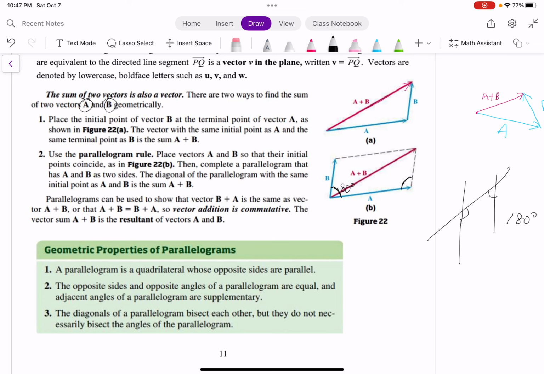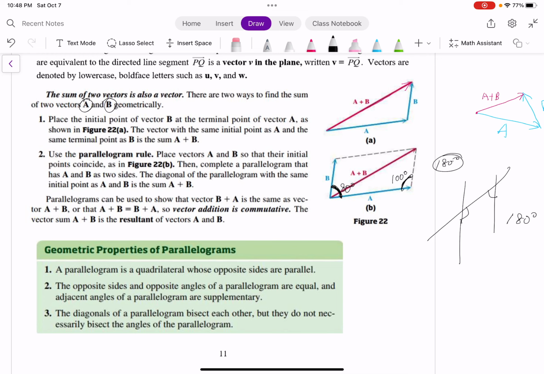They are supplementary. Let's see here. This is 80 degrees, and these two lines are parallel to each other. And then this angle plus this angle is 180 degrees. That means 180 minus 80 is 100 degrees. This is 100 degrees.